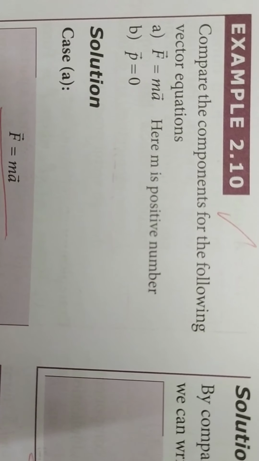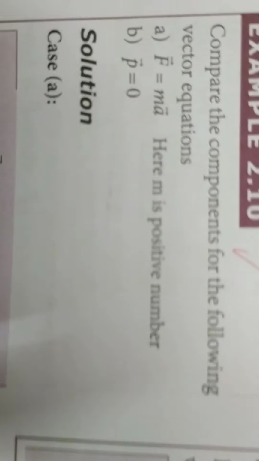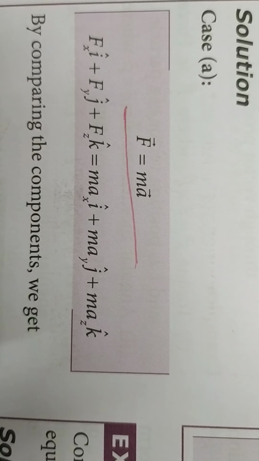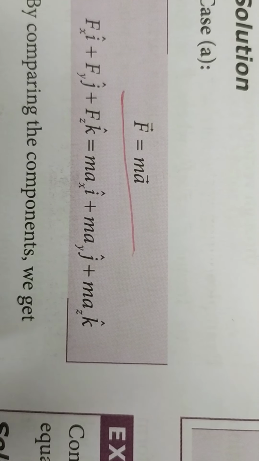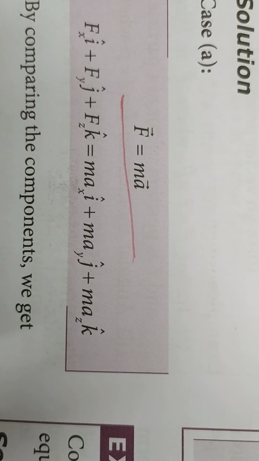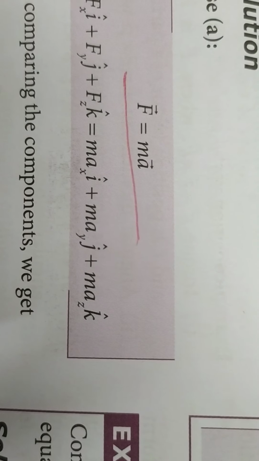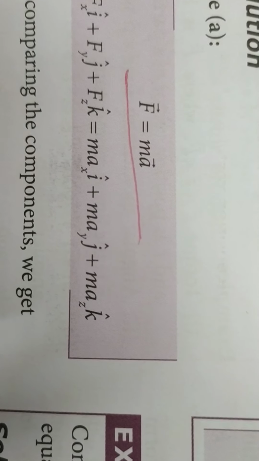Now compare the components for the following. F vector is equal to m a vector, where m is a positive number, and p vector is equal to 0. First, take the case F vector equals m a vector. You split F vector into its components and a vector into its components. When you split F vector, you get fx I cap plus fy j cap plus fz k cap, which is given by m ax I cap plus m ay j cap plus m az k cap.